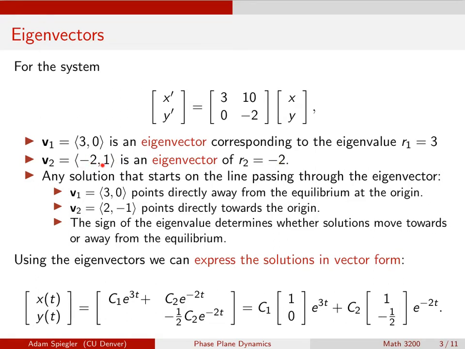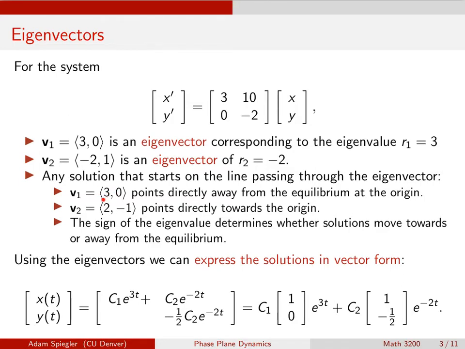This was special because we saw that if I started off at a solution where x was -2 and y was -1, then as time goes on, the solution is going to stay on the line y equals -1/2 x.